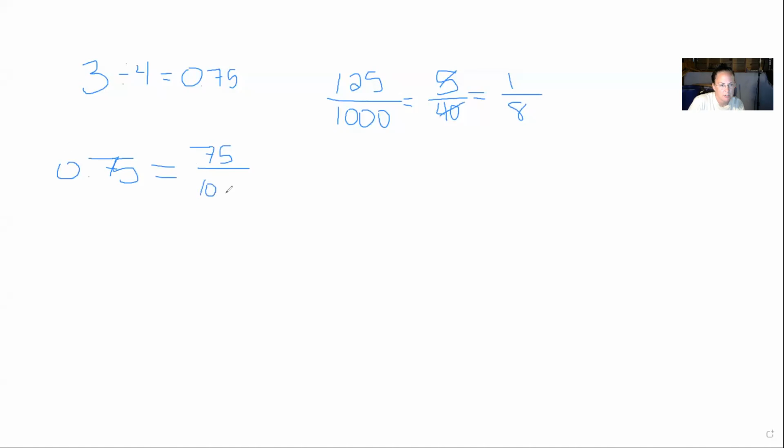We put it over 100, ends in a 5 and a 0. So it's divisible by 5. 5 goes into 75. I can look that up. So it'd be like 15. Or I can remember that 75 cents is divisible by a quarter, or 25 cents by 3 times. And so is 100 by 4 times, so it's 3/4.